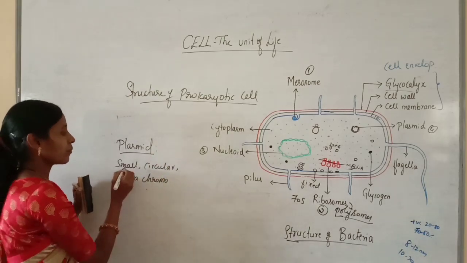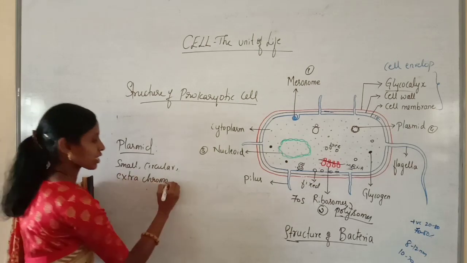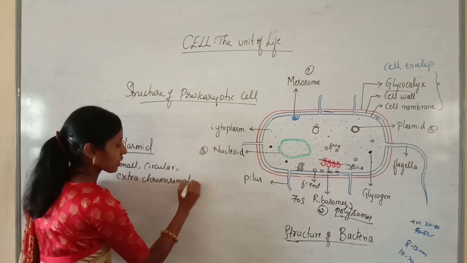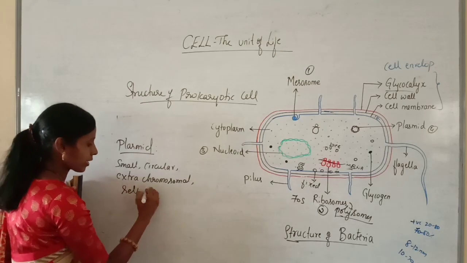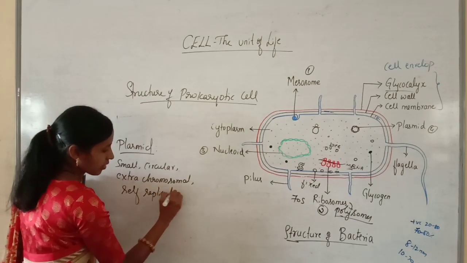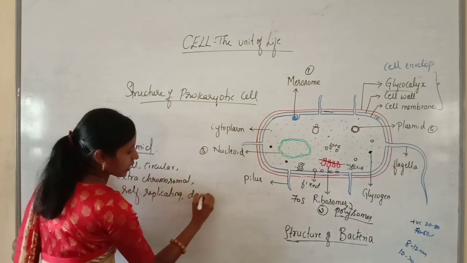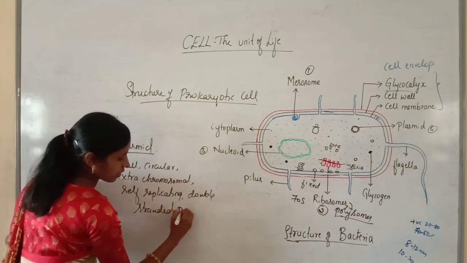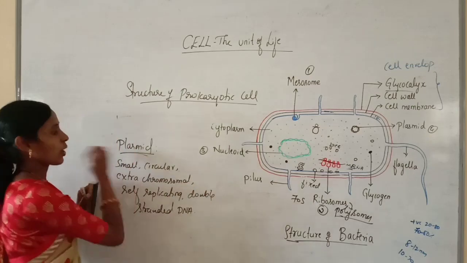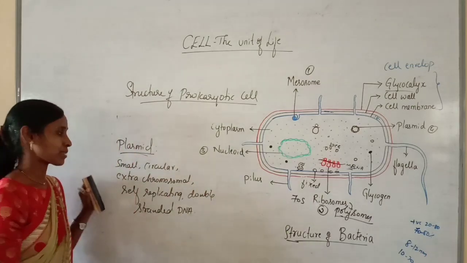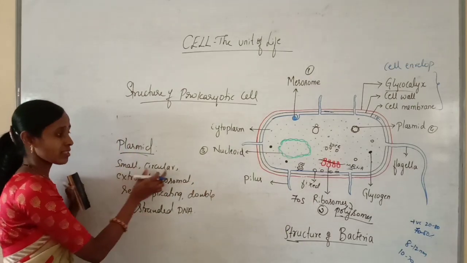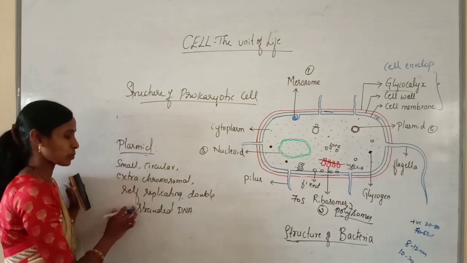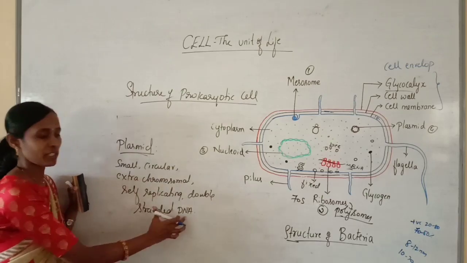So you should remember, they are small, circular, extra chromosomal, self-replicating double-stranded DNA called a plasmid. So what is a plasmid? A plasmid is a small, circular, extra chromosomal, self-replicating double-stranded DNA.